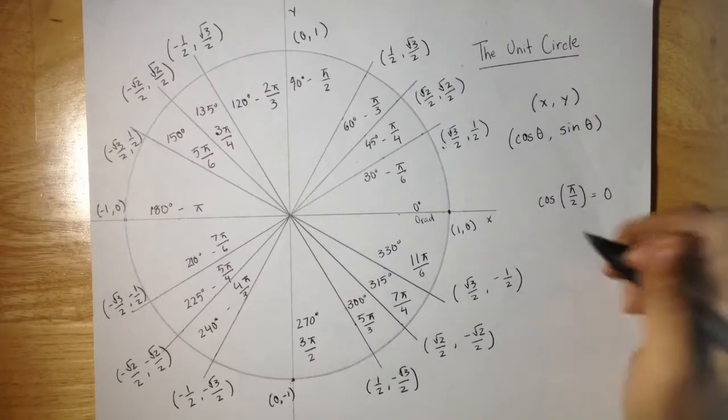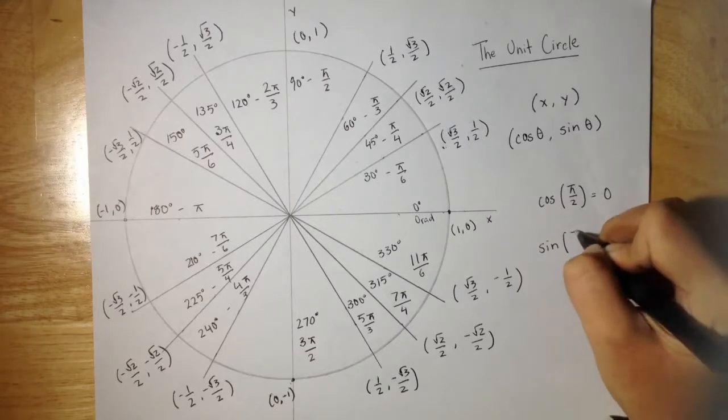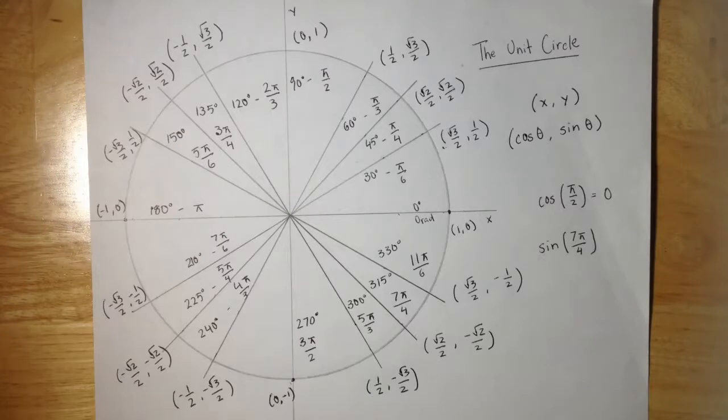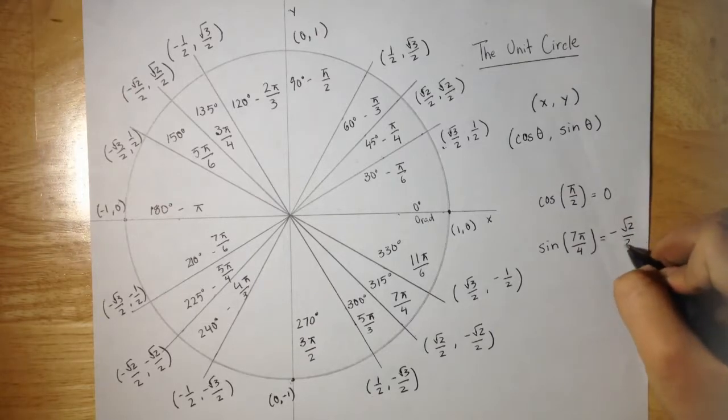Another example, if we're asked for the sine of, let's say, 7 pi over 4, we locate 7 pi over 4 on our unit circle. Sine means the y-coordinate, so we locate the y-coordinate, and our answer is negative radical 2 over 2.